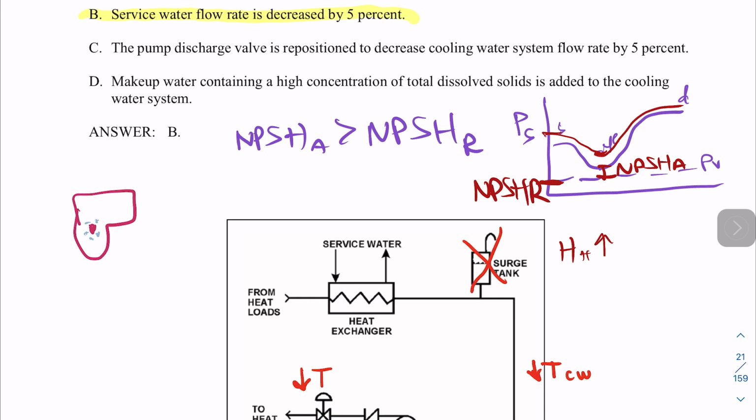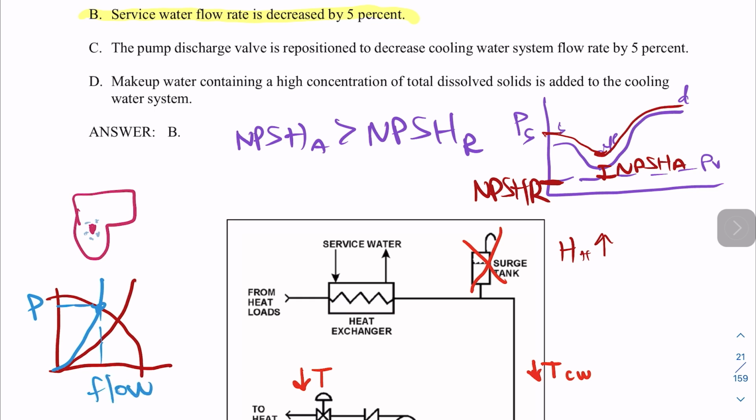So basically what we are doing is decreasing the flow, and we are increasing the pressure, right? In this case, what's going to happen here?